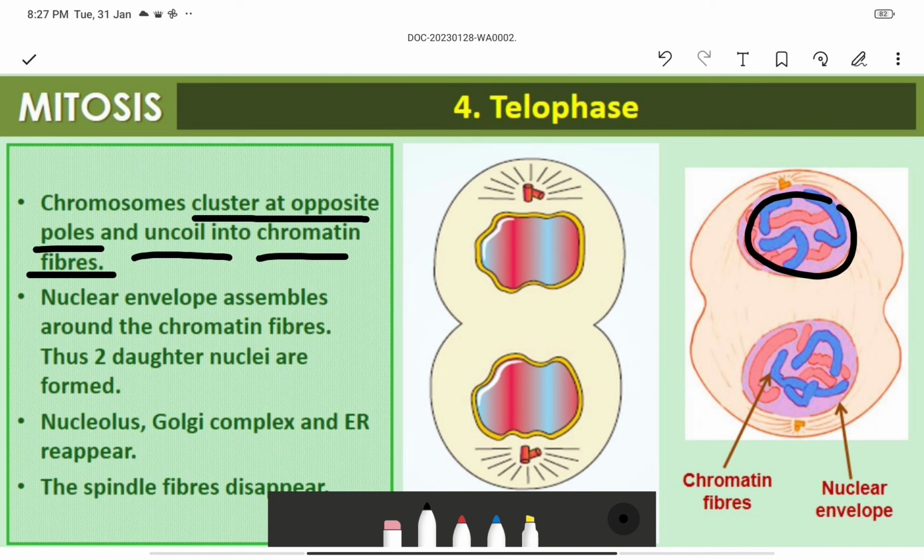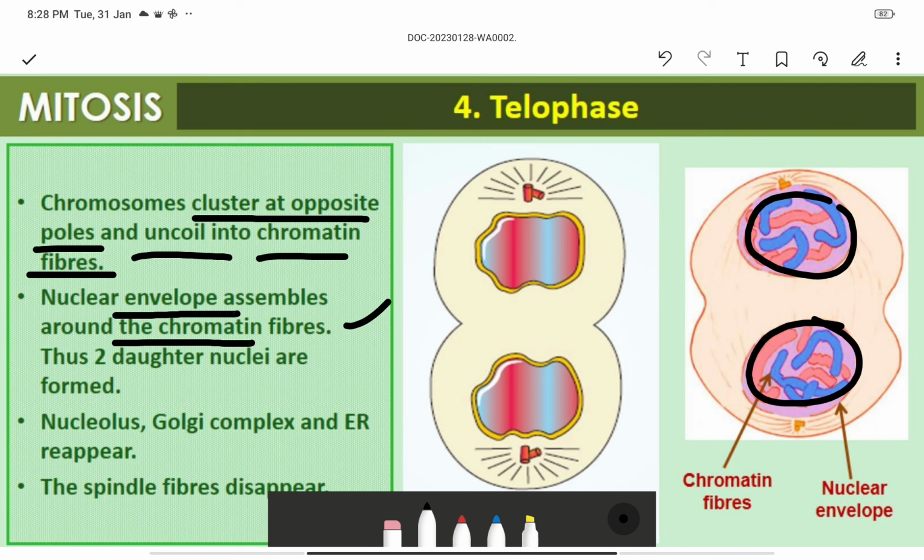Now the nuclear envelope assembles around the chromatin. In prophase, early and late, it gradually disappears. The same nuclear membrane appears here around the chromosomes, and the nuclear envelope is formed.